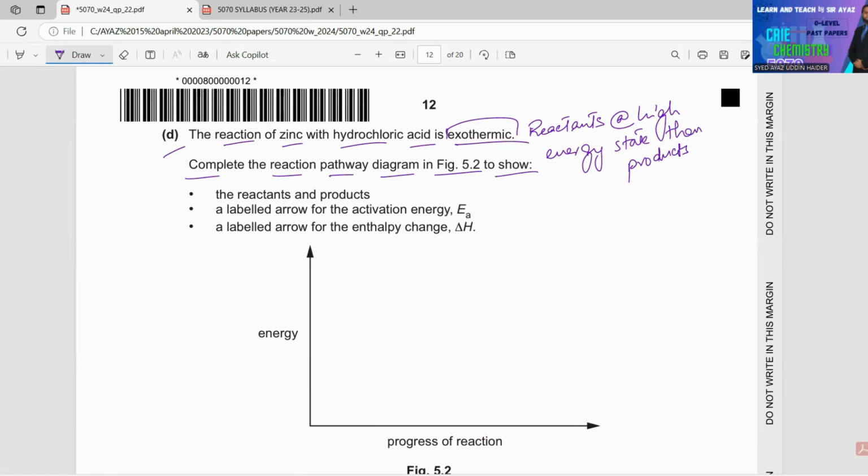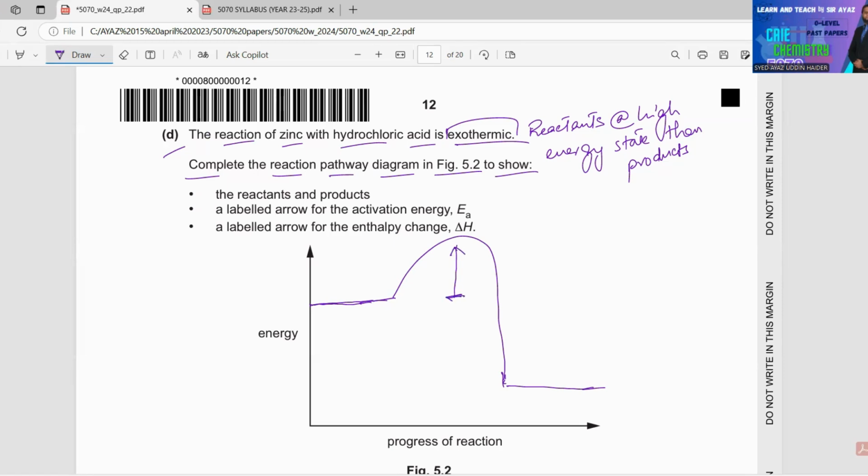So I will make a line here like this for the reactants, and for the product we have a line on the right hand side like this. In between these two we will have an energy hump. This is the energy hump for the activation energy. This is activation energy.